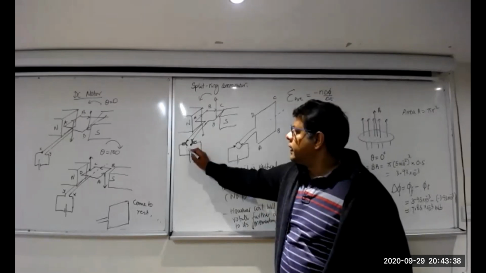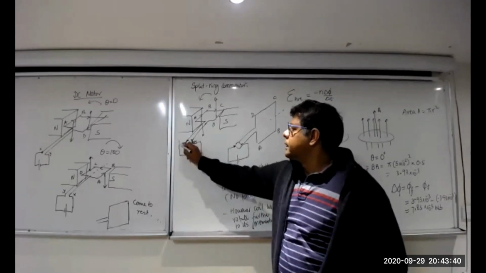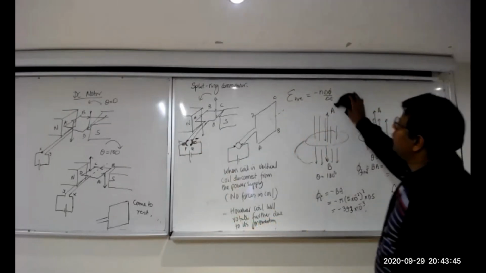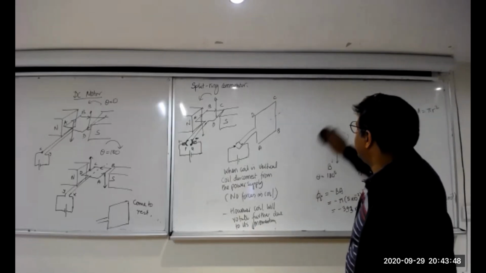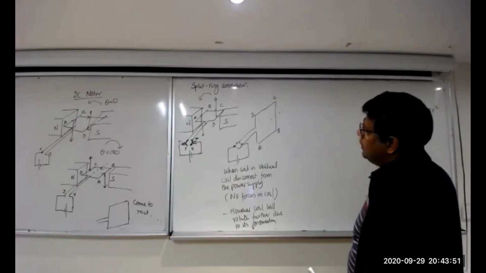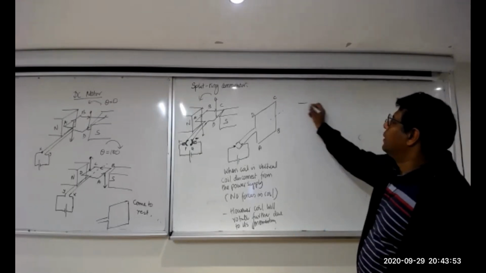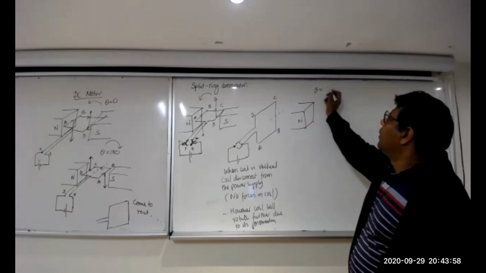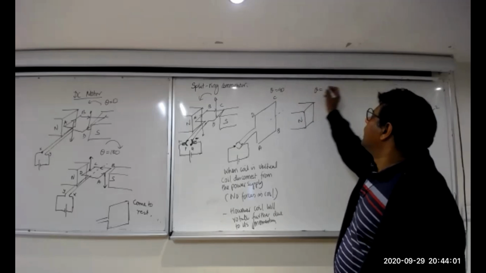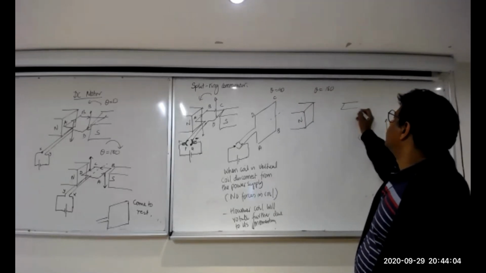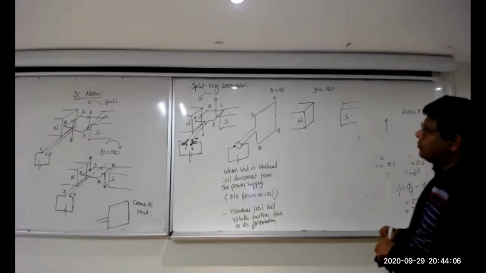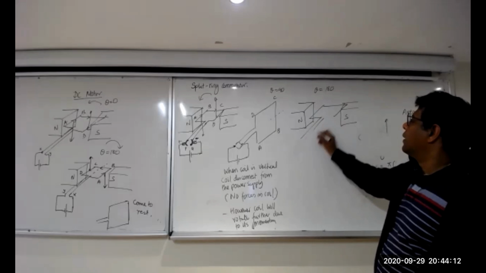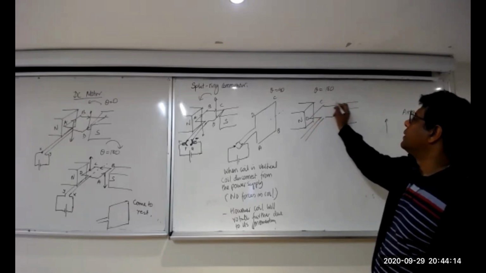If I say the two sides are P and Q, connected to the positive and negative, P will connect to the negative side, Q will connect to the positive side. They swap the direction. Let's look at the extreme case, going back 180 degrees rotation. This is 90, this is 180. The coil will be like that. Your DC will be here, DC, BA.